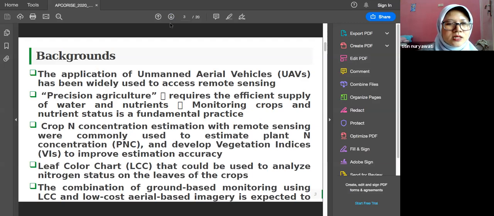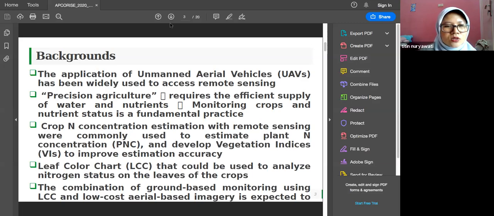And we use this practice for crop nitrogen concentration monitoring, to estimate plant nitrogen and develop vegetation indices to improve estimation accuracy. Traditionally, we use the leaf color chart (LCC) to analyze nitrogen status on the leaves of the crop.